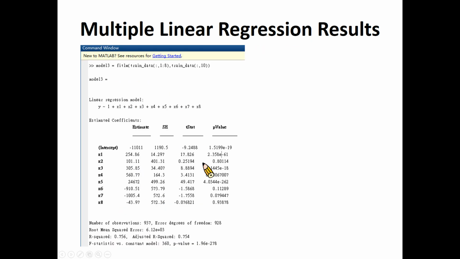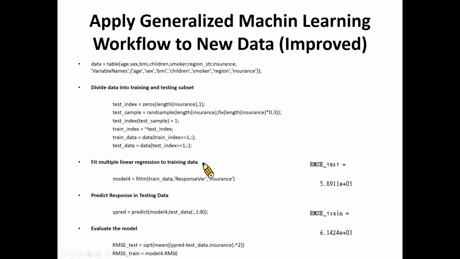Okay, so now I want to give you a better version of this model, because as I said, when we put all numerical information into the model, it's not straightforward to see which variable is which one.